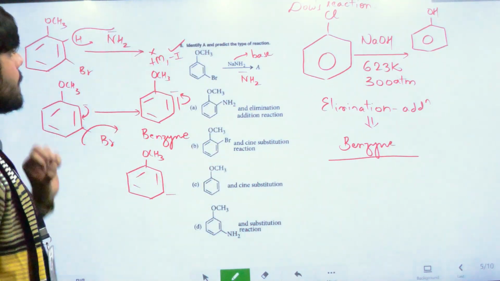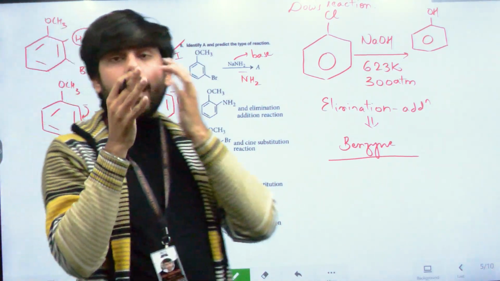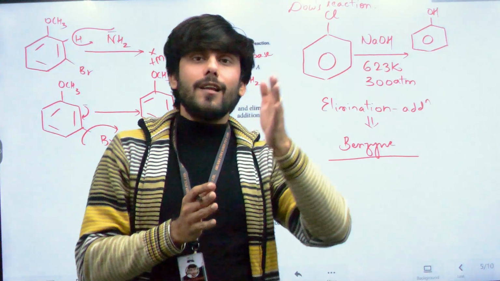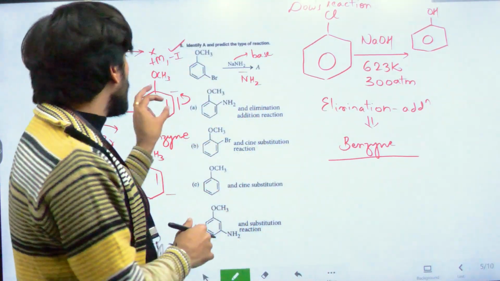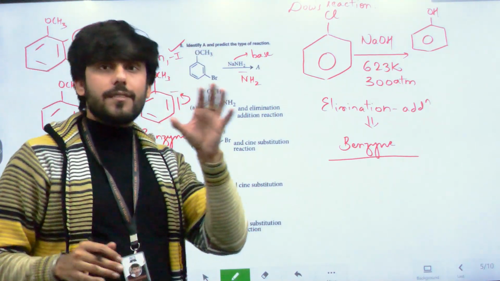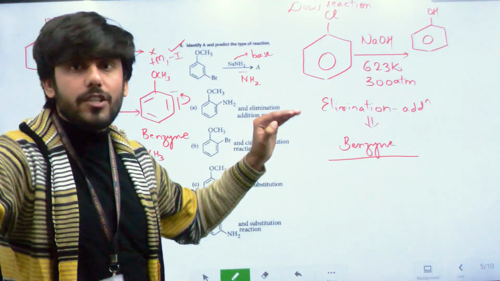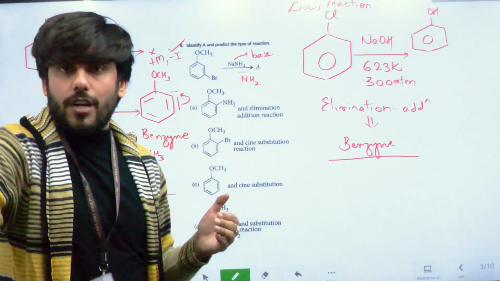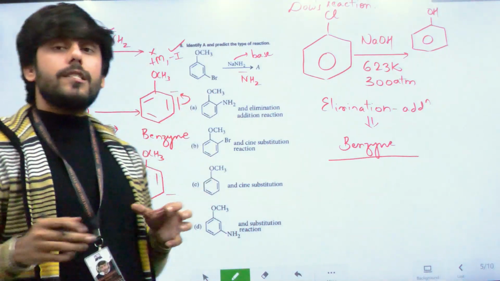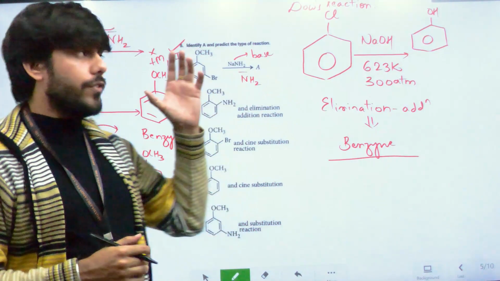So if I consider the minus I, the carbanion stability is directly proportional to the presence of electron withdrawing groups, because I need to disperse this charge. In order to make it stable, I need to disperse this charge, and electron withdrawing groups help in the dispersal of this charge, whereas electron releasing groups help in the accumulation, intensification of this charge.